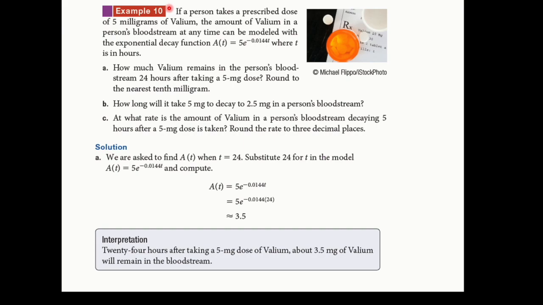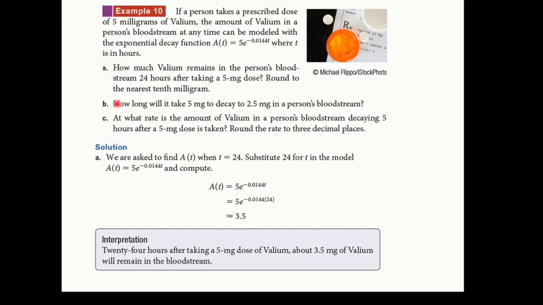In example 10, this is our last example in the lesson. If a person takes a prescribed dose of 5 milligrams of Valium, the amount of Valium in the person's bloodstream at any time can be modeled with the exponential decay function A of t is equal to 5 times e to the power of negative 0.0144t, and t is in hours.